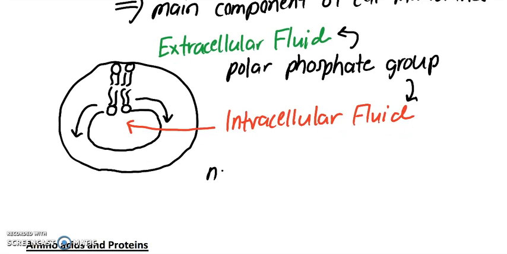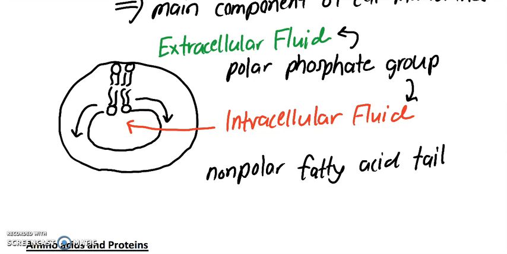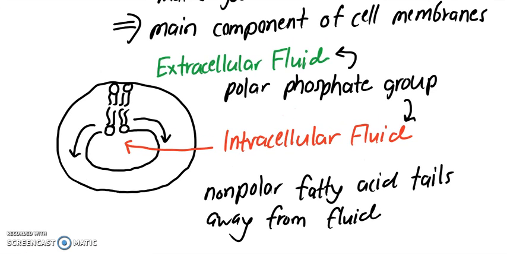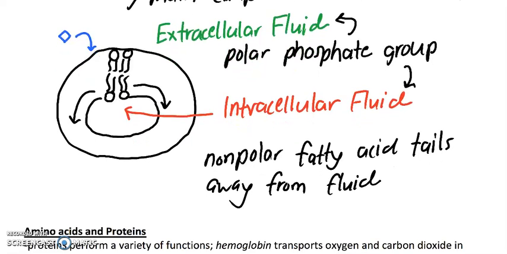Now the non-polar fatty acid tails are inside, not touching any liquid, away from the fluids. So when an object wants to come into the cell or exit the cell, it has to pass through this membrane.